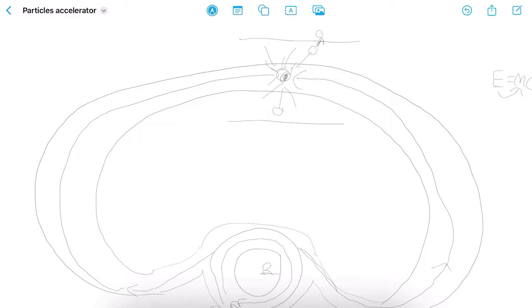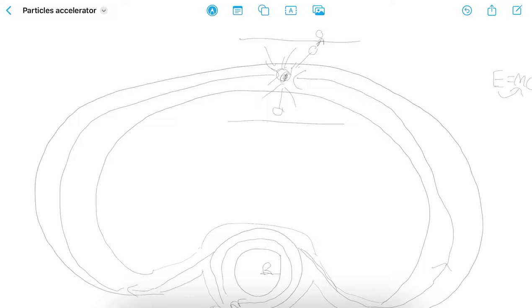And you may wonder what such a large collider does if it can only smash particles together, and what result we actually get from the collider.